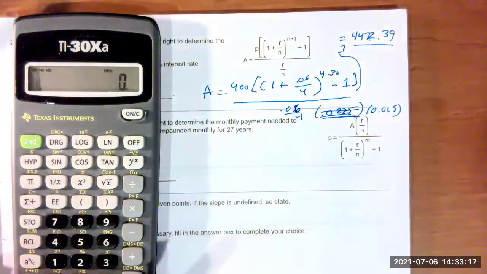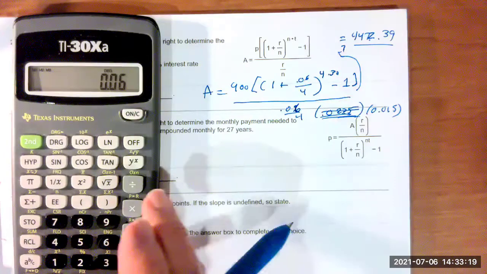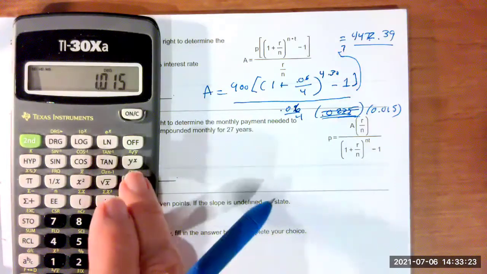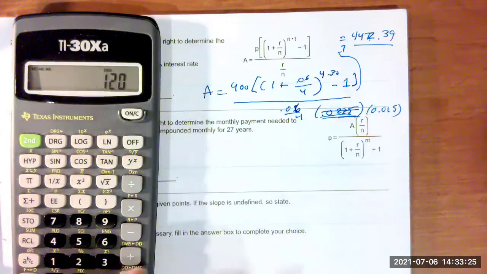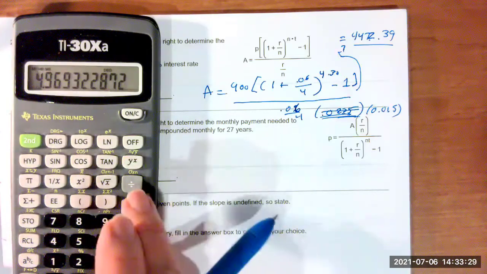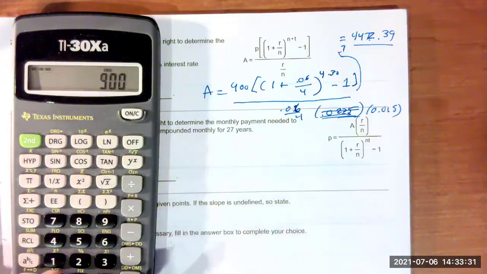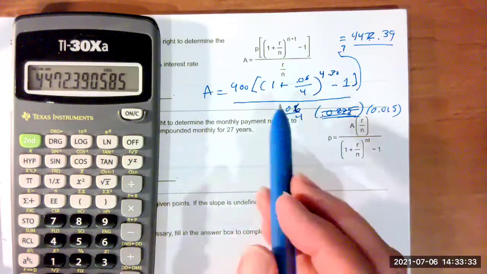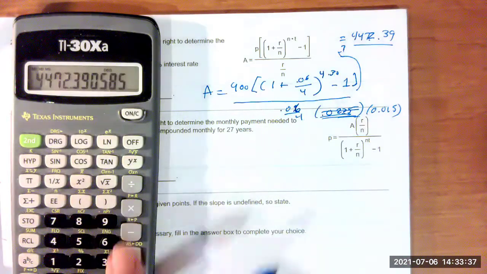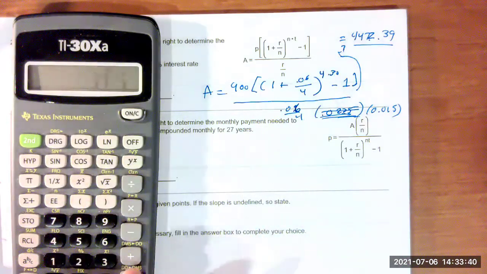So 0.06, I'm going to do the numerator again. 0.06 divided by 4 plus 1, exponent 120, minus 1 times 900, okay? And then I'm going to divide by 0.015.